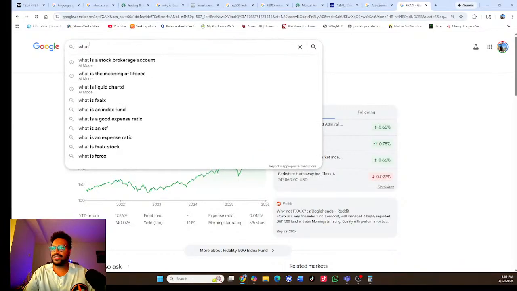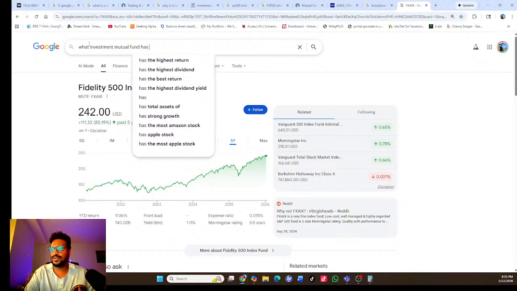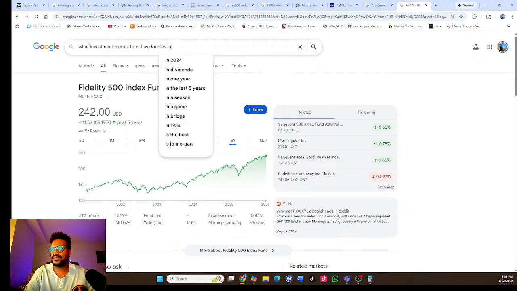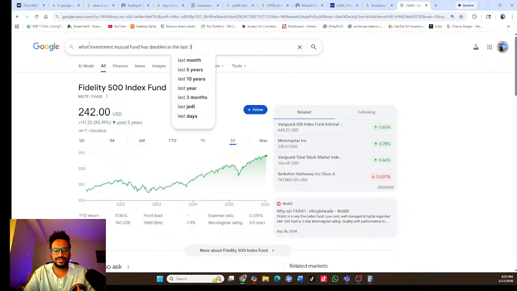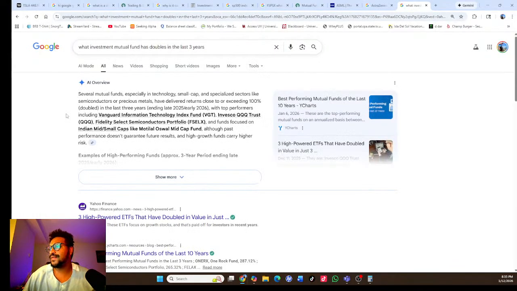Let's see. You can say what investment, mutual fund has doubled in the last 3 years. I don't know. Let's see.